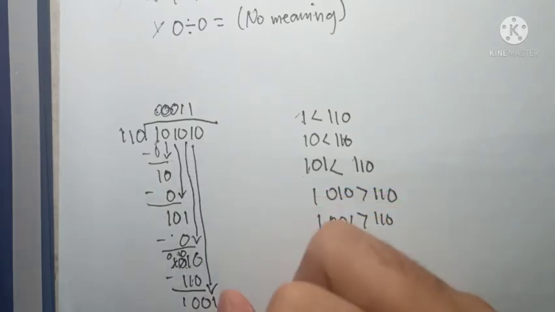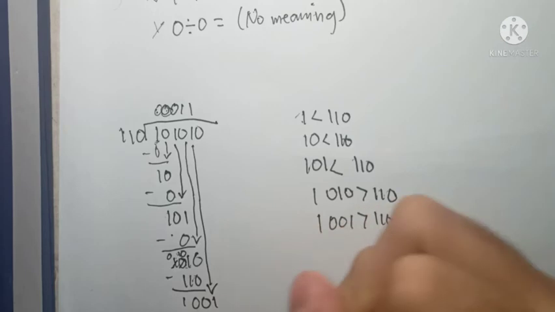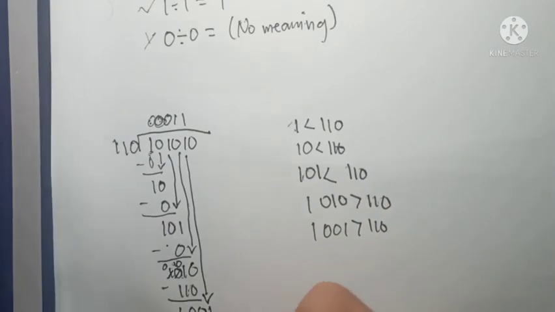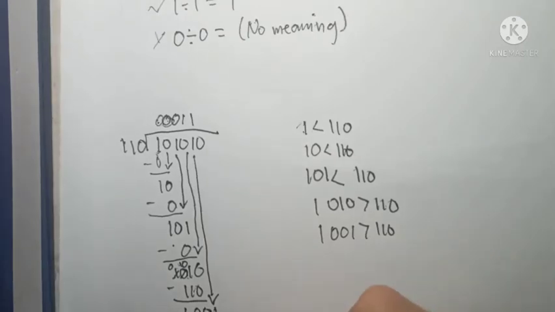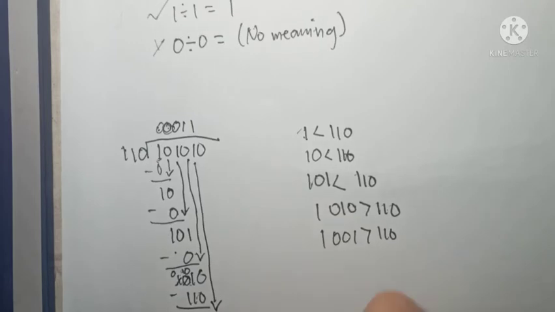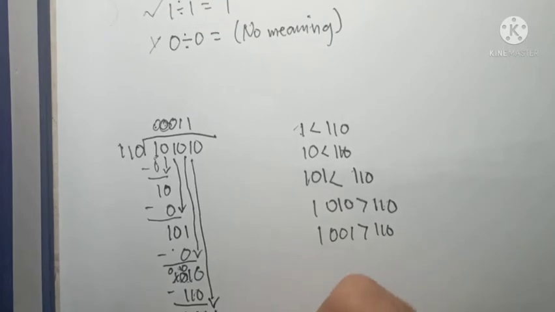1 times 110 is 110. Subtract: 1 minus 0 is 1. 0 minus 1 cannot be, so you will need to borrow from the previous bit. Since you cannot borrow from here, it's already 0, we'll borrow from here. This will become 0 and this will become 10.